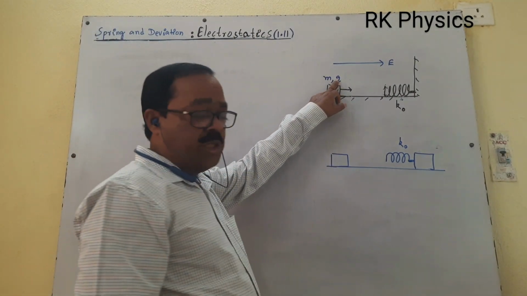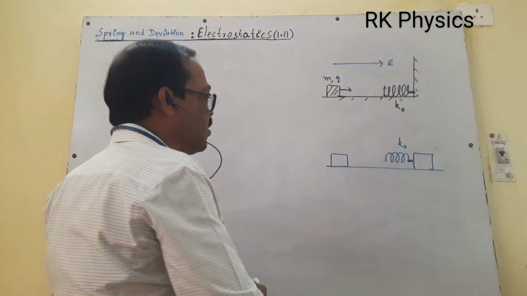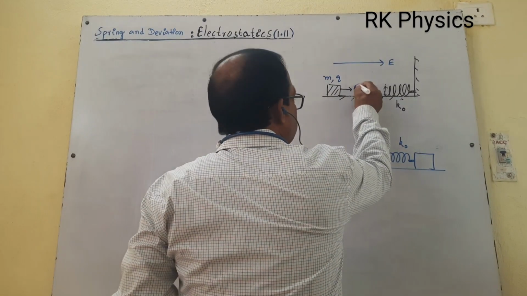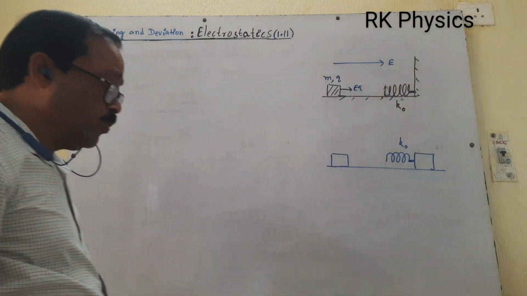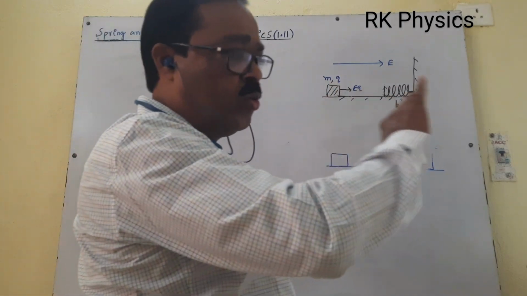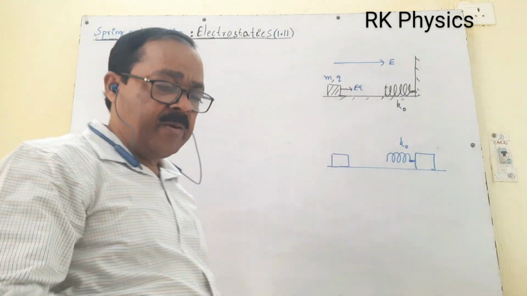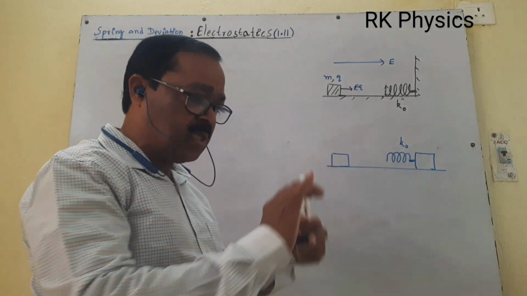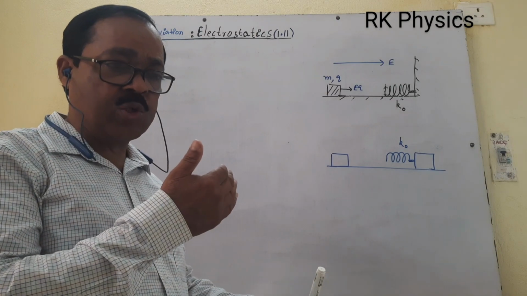Since q is positive, the charge experiences a force EQ along this direction. The charge gradually moves towards the spring. When it touches the spring and compresses it, the spring provides a restoring force.